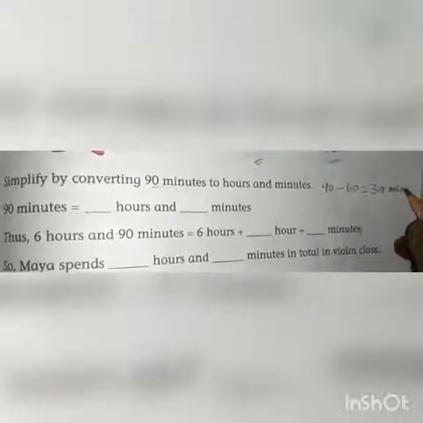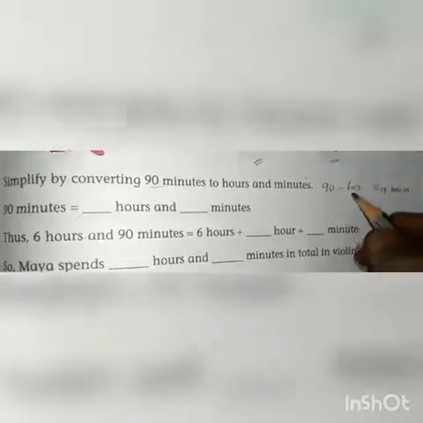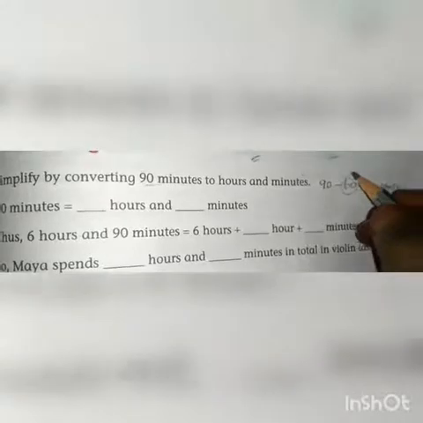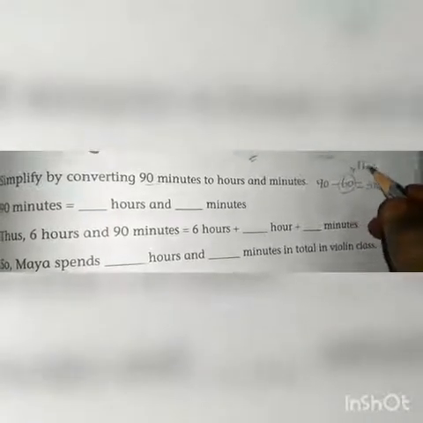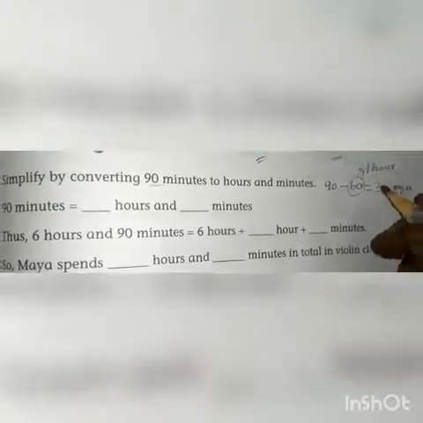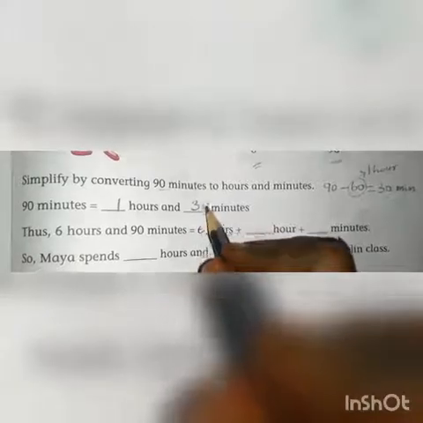So if you take away 60 minutes from 90 minutes, then we will get 30 minutes. Here this 60 should be taken as 1 hour, because 60 minutes is equal to 1 hour. So 90 minutes can be written in the form of hours and minutes as 1 hour and 30 minutes.